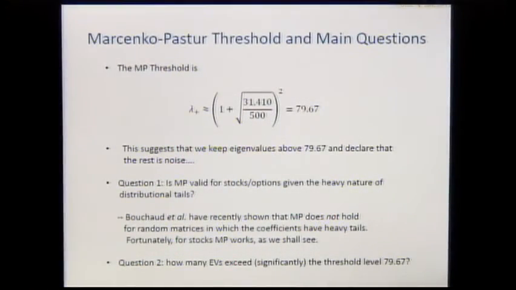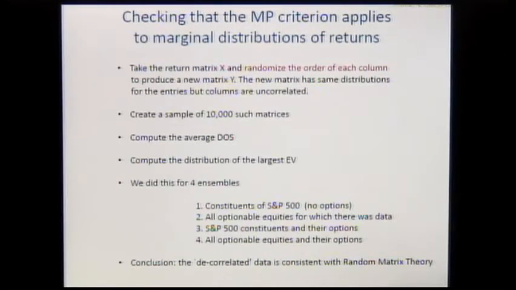Okay, so, is Marchenko-Pastur valid for stocks? People say the fat tails are too fat, and so on. So, checking that Marchenko-Pastur applies to the marginal distribution of returns. This is an idea that I have never seen before in academia. You look at the data and you randomize the columns to break all correlations, to make it into a random matrix, and then you test to see if you recuperate the Marchenko-Pastur spectrum.